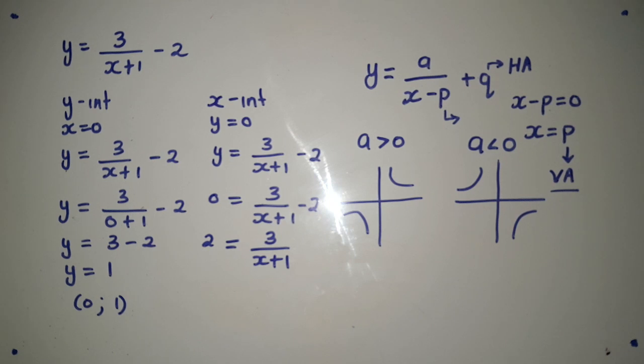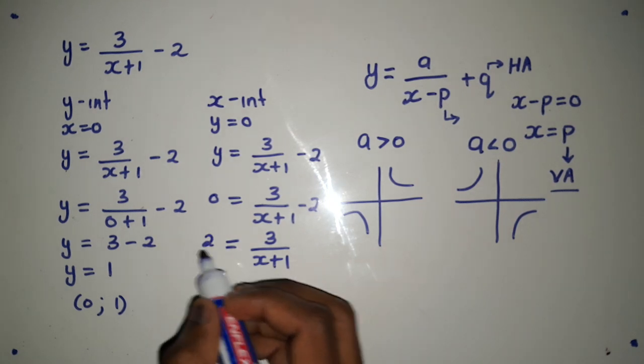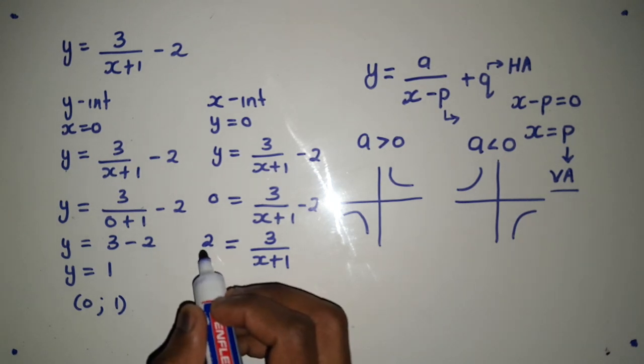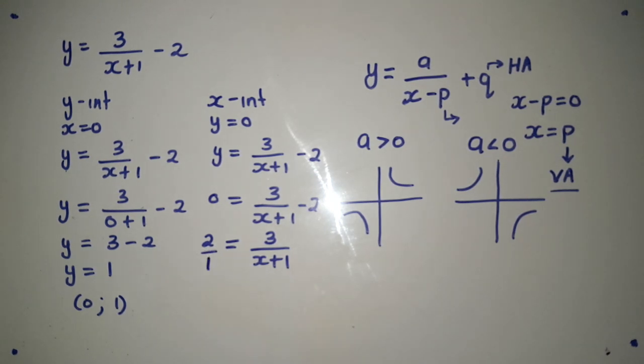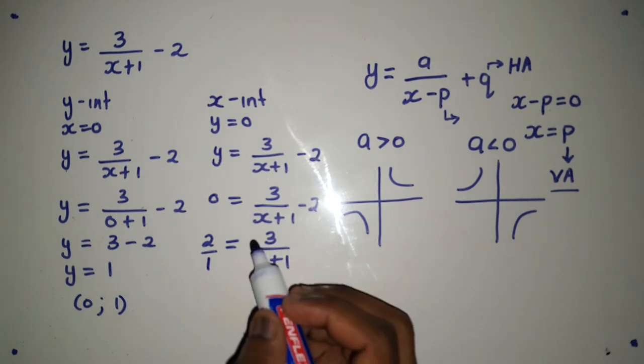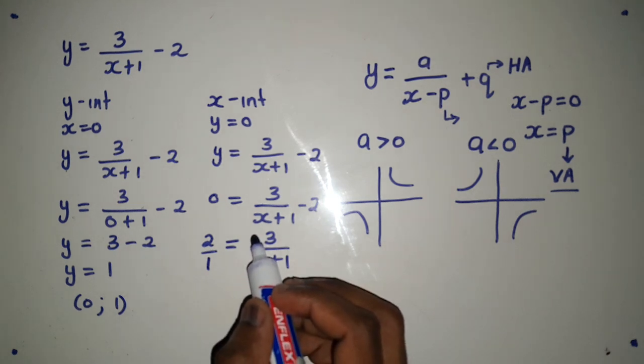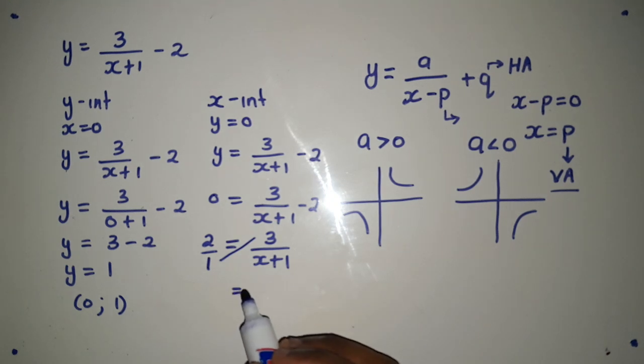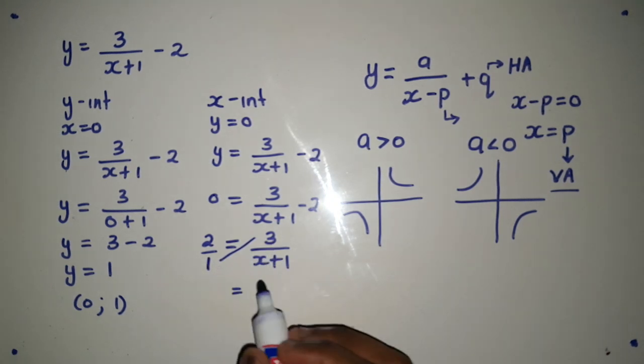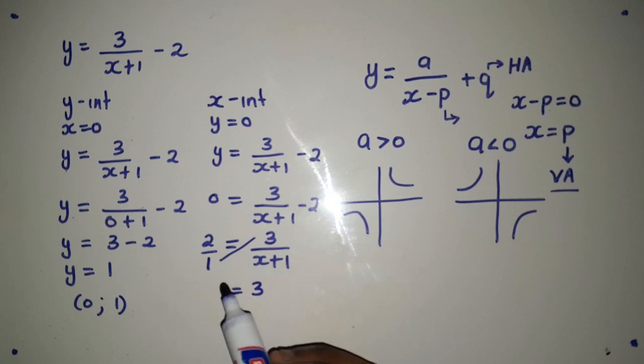And another thing you just need to know, if we have a number like this, somehow we have a ghost 1 over there. Now let us cross multiply. 3 multiplied by 1, we get 3.